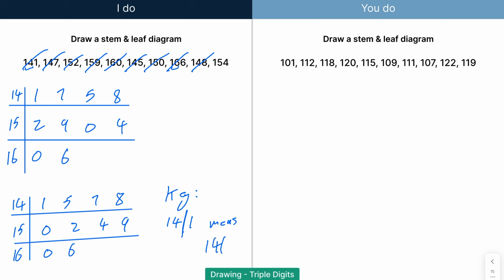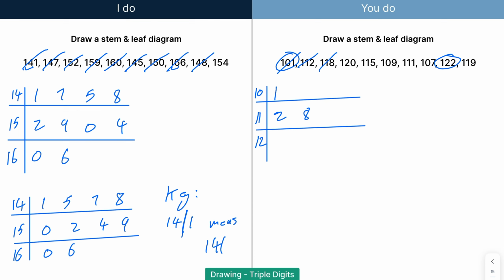And looking at the example on the right, so again, hopefully you press pause and have a go. So 101, and the biggest one here is 122. So that will be 10, 11, 12, and remember to cross off your working out.